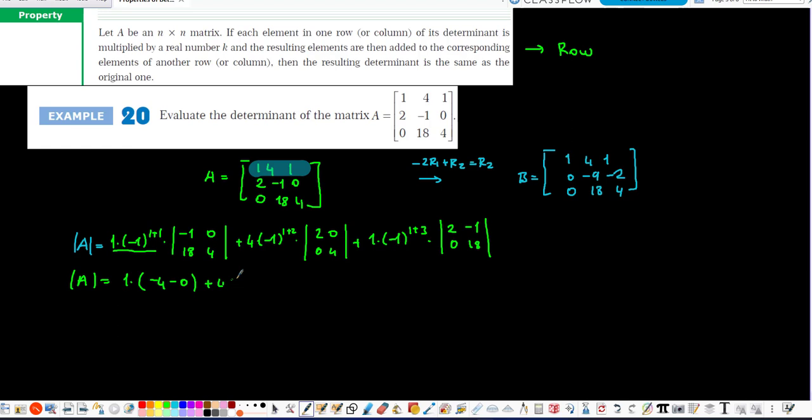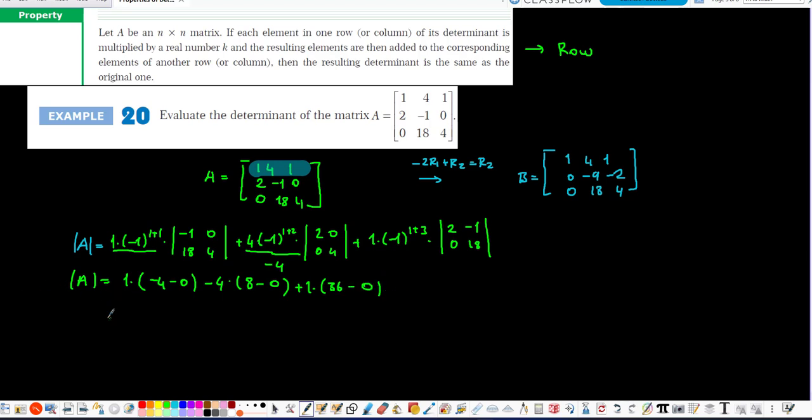Then plus 4 times, actually this is going to be minus 4, I'm sorry for that one, minus 4 times, because this is minus negative, minus 4 it has to be, then 2 times 4 is equal to 8 minus 0 times 0 is equal to 0, it has to be. The last one again, positive 1, it's going to be plus 1 times 2 times 18, which is equal to 36, 36 minus 0, it has to be.